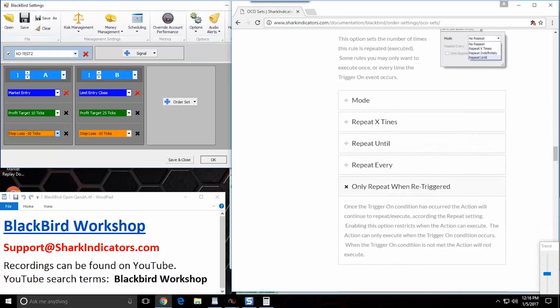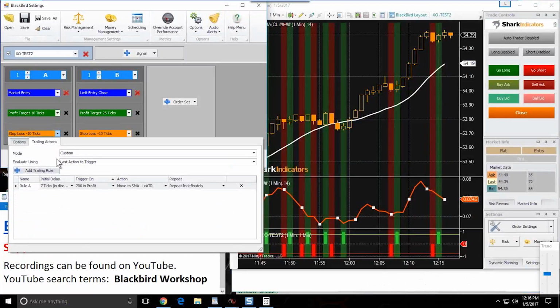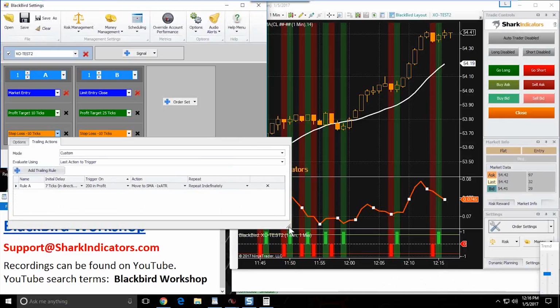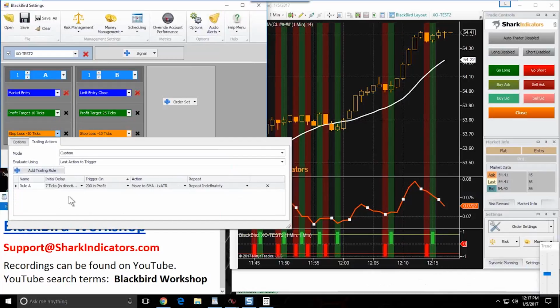Jeff commented that these trailing rules are kind of like an ATM on steroids, and definitely that's kind of how we explain it. Yep, it's like a NinjaTrader ATM, but definitely on steroids. Actually, it goes way beyond NinjaTrader's ATM, but that's one good way of putting it.